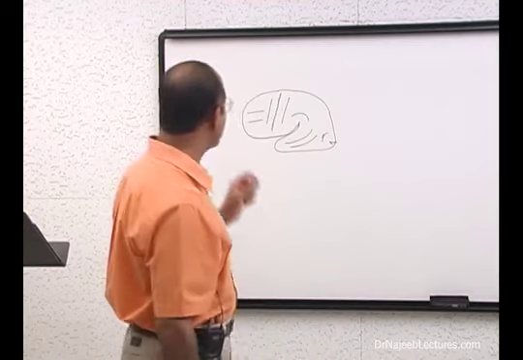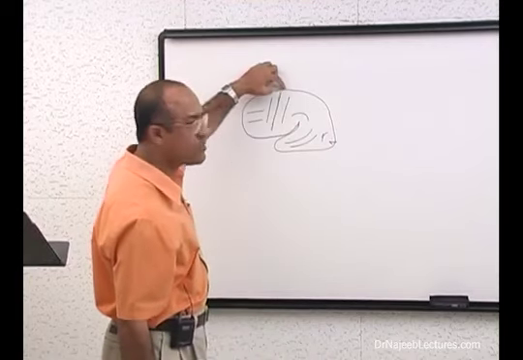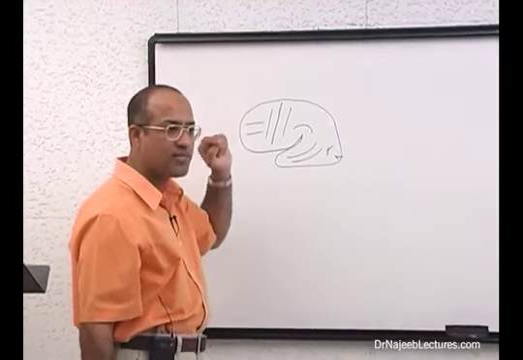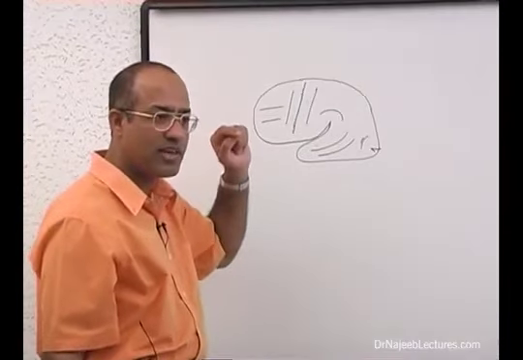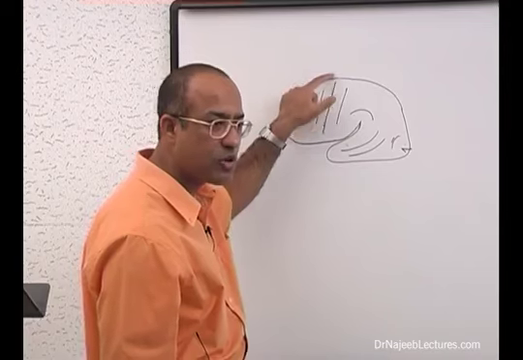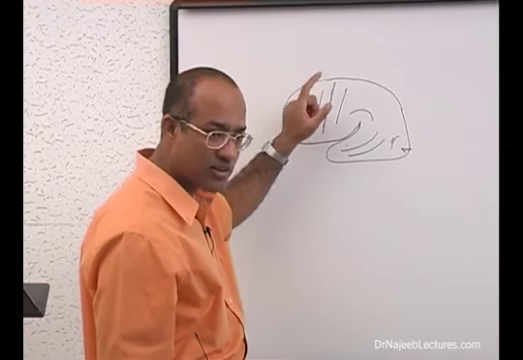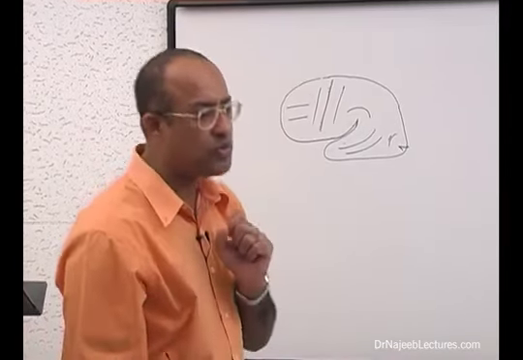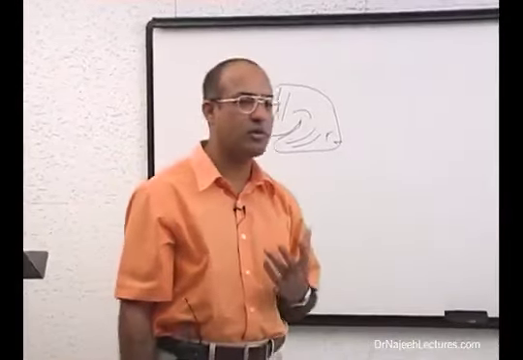For example, they discovered that when this area is damaged, the person cannot move his foot and lower limb. So they knew the neurons in this area are concerned with the control of the lower limb. So there were two tools by which they learned about the activity in the cerebral cortex.